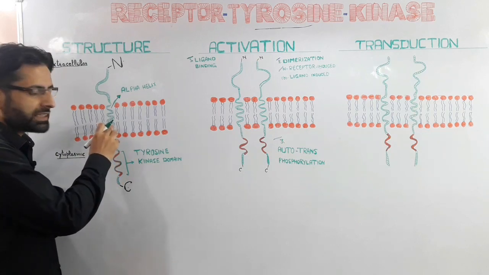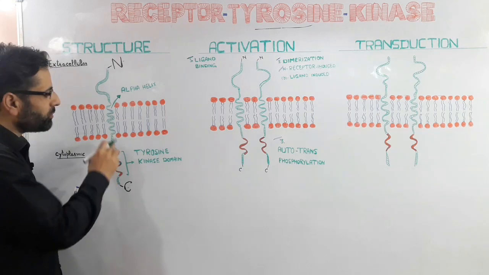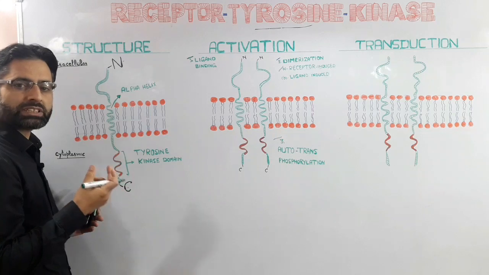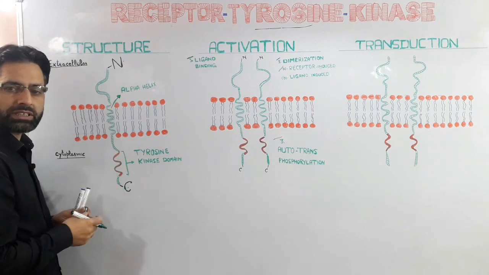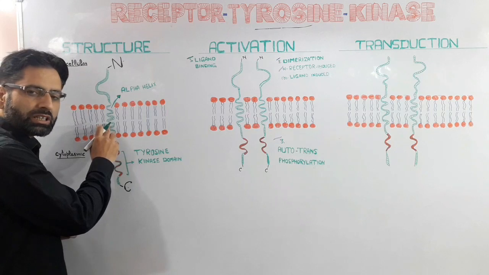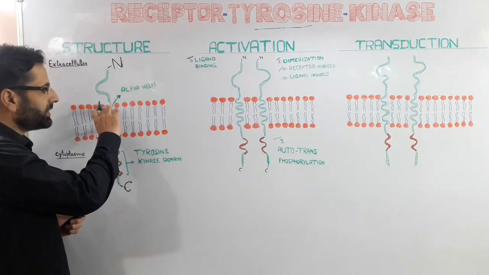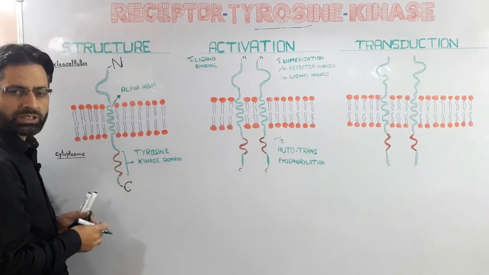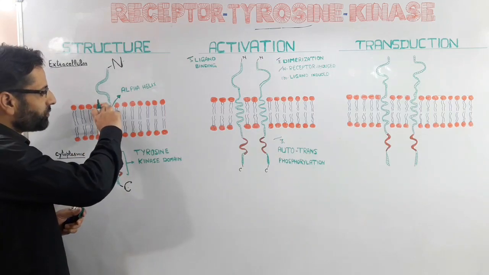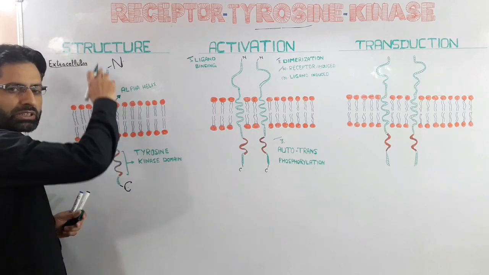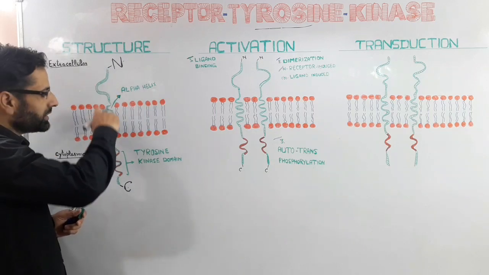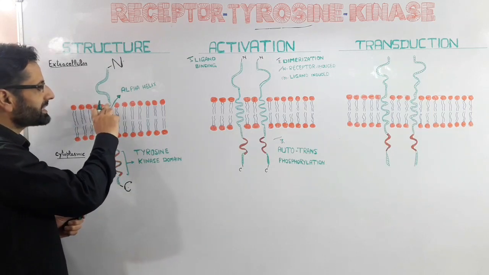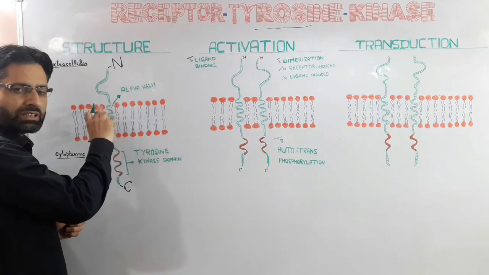In receptor tyrosine kinases, we have only one alpha helix. As you remember, in GPCRs we had 7 transmembrane alpha helices, but here we have only one transmembrane alpha helix, composed of hydrophobic amino acids. So this receptor passes through the plasma membrane only a single time.